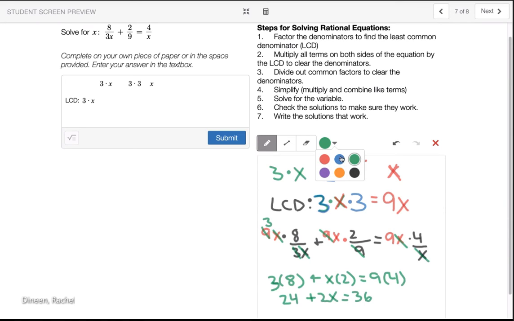Because both 9 and 3 are divisible by 3. Isn't 9 divided by 3, 3? Yep, so that's why.